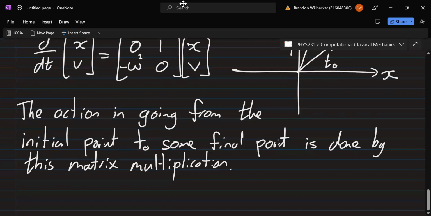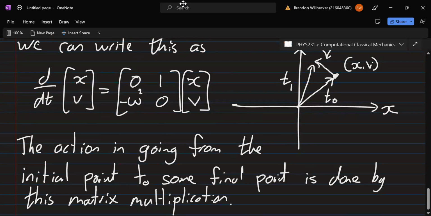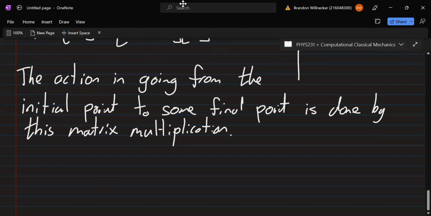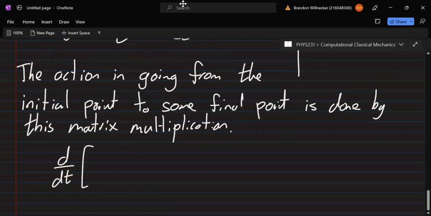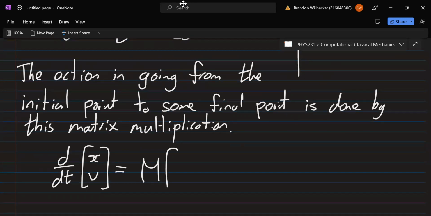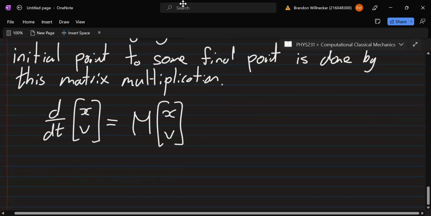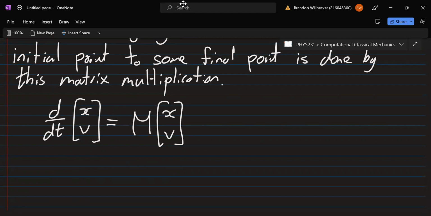Okay, so if we multiply by this matrix, that moves us from our initial point at some t0 to some later time t1. So we can write this as d by dt of our x and v is equal to some matrix M times x and v. On the left-hand side, the change in the vector, how the vector moves from the initial point to the final point, is the same thing as M times x, v.